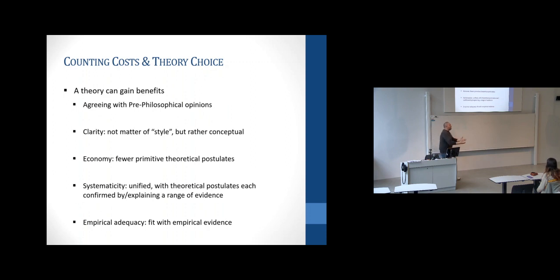Good. That's more grist to the mill, because how you settle that is just more either philosophy or pre-philosophical opinion. That's part of the method. Similarly, another value that you can get is theoretical economy, by having fewer primitive theoretical postulates, fewer basic notions.